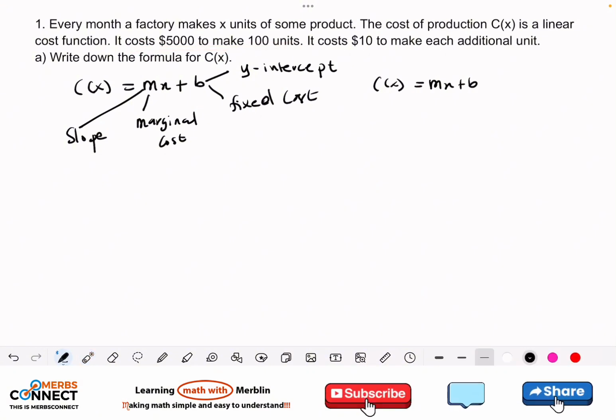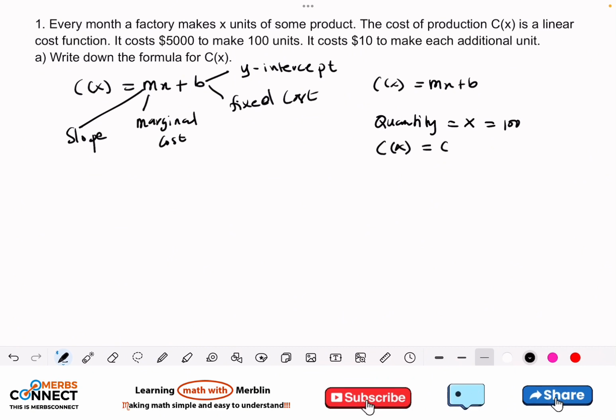So it means that the quantity, we are going to name it x, which is equal to 100, right? So the cost, C(100), is equal to $5,000, right? So that's what we have.